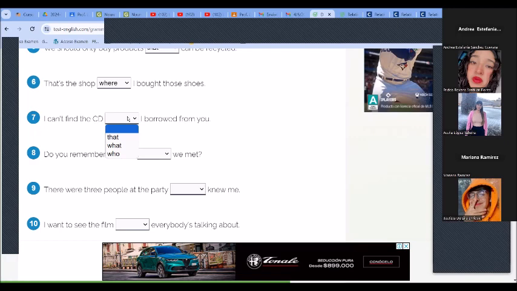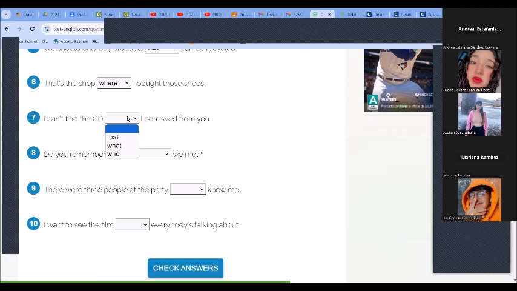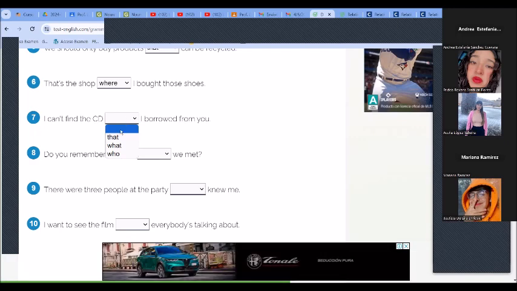Yes, I can find the city that I borrowed from you. Frida: I can find the city. Do you remember the park that we meet?